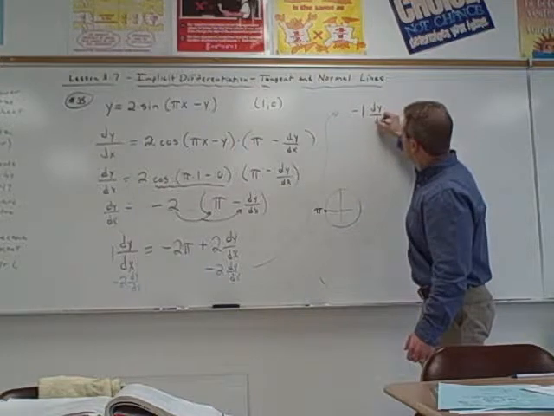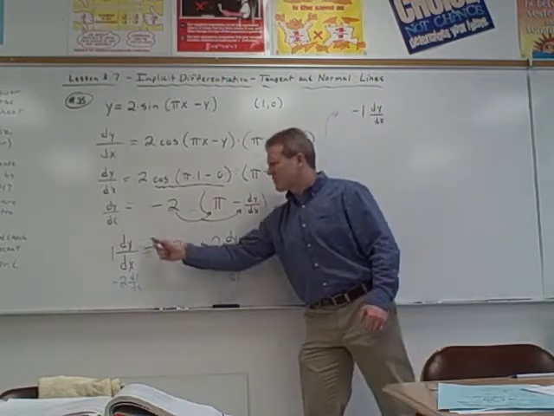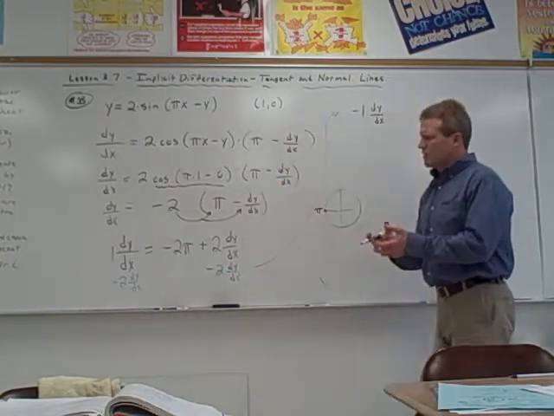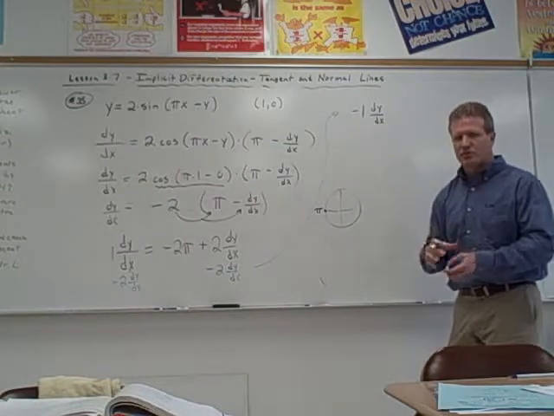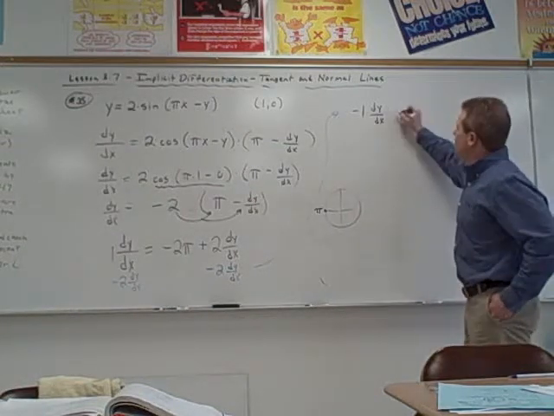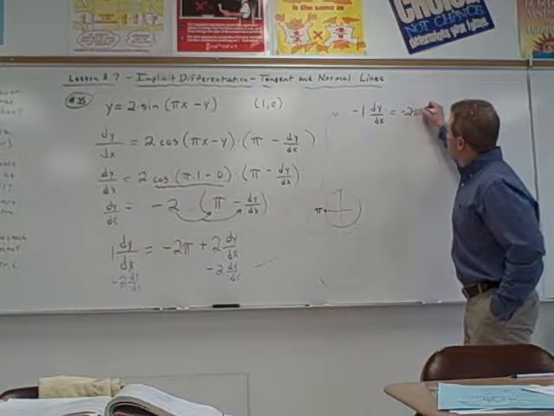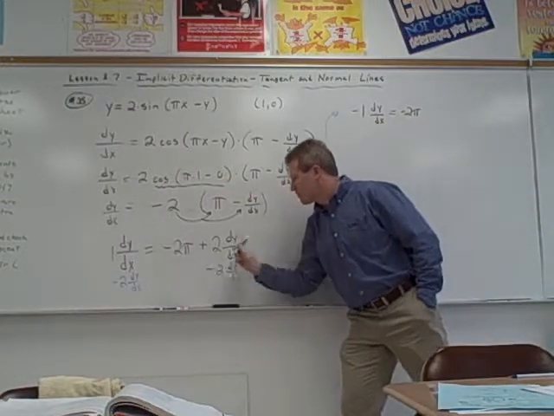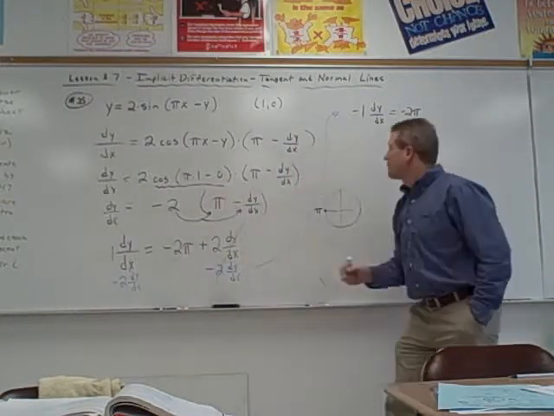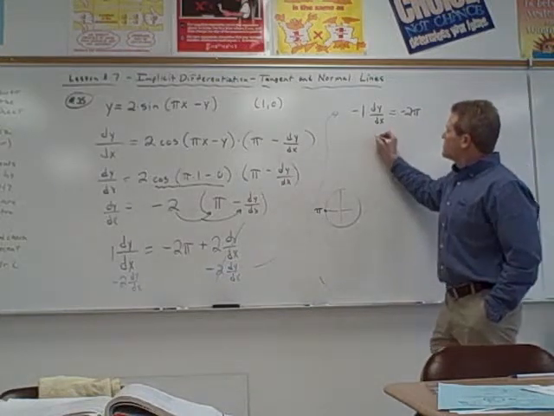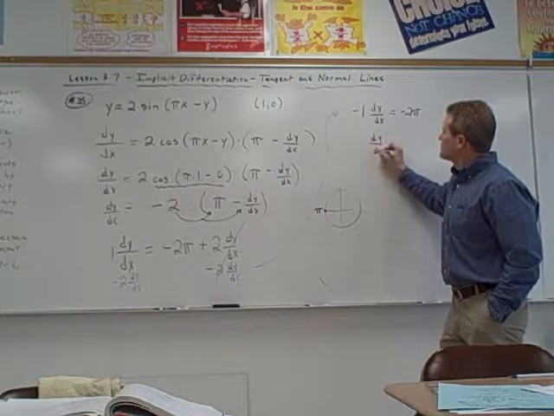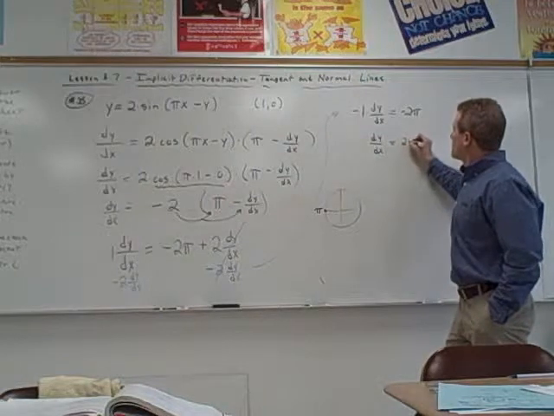So you can think of dy over dx as kind of an object. It's like you're subtracting 1 apple minus 2 apples would be negative 1 apples, that type of thing. Equals negative 2 pi. Right here, this is gone because I subtracted it over. Divide by negative 1 on both sides. Dy over dx equals 2 pi.